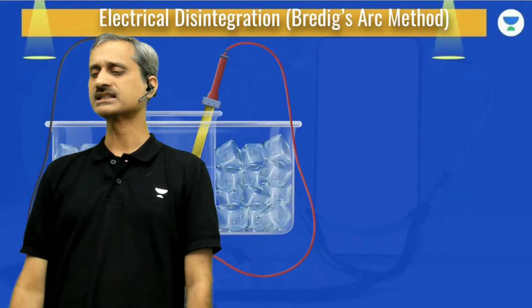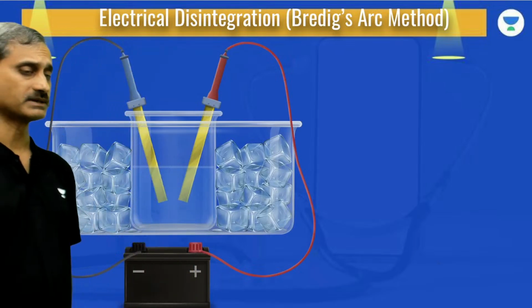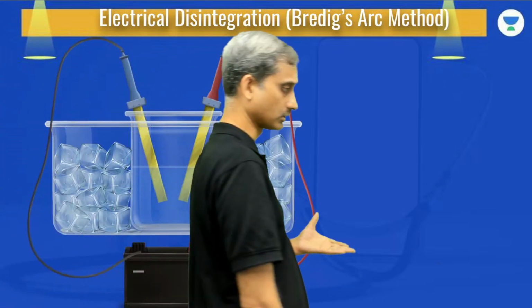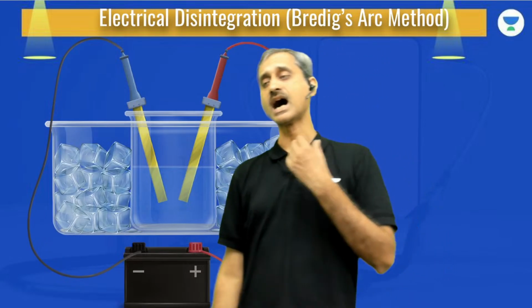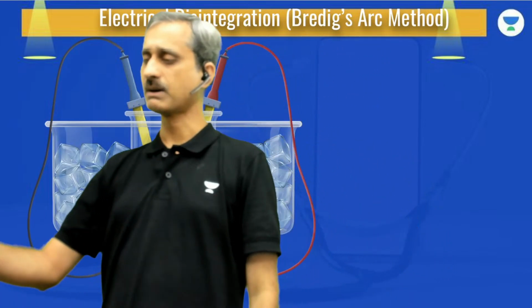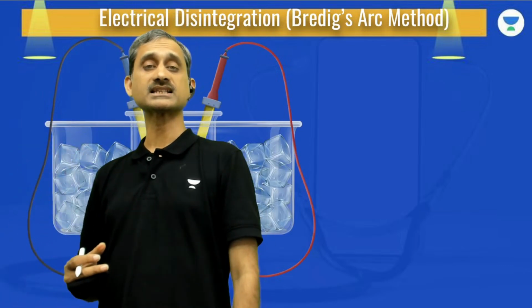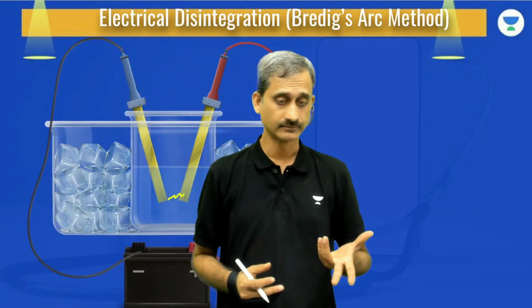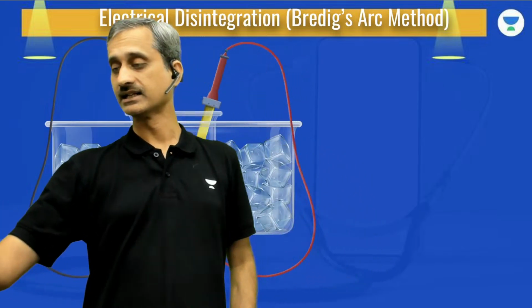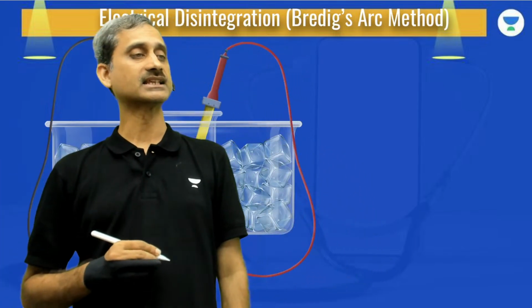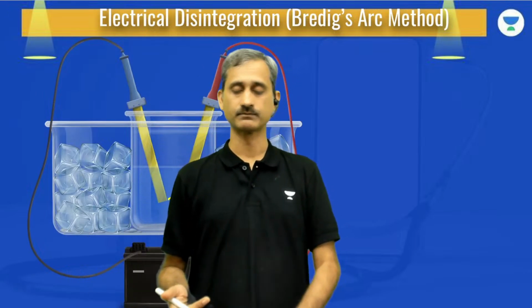When you talk about the Bredig arc method, we have two electrodes made of the substance of which we are trying to make the colloid. And then we pass high voltage. A spark is generated. That spark does spot heating, that is, this metal is heated at this point to such a high temperature that it actually evaporates.